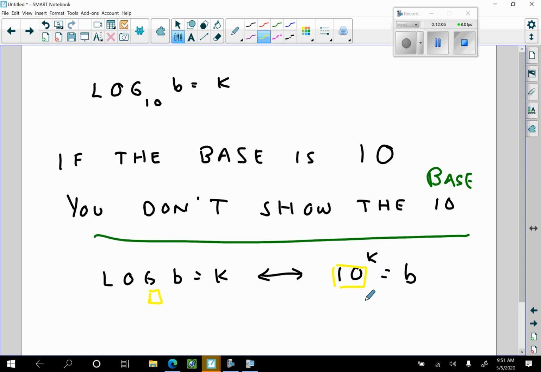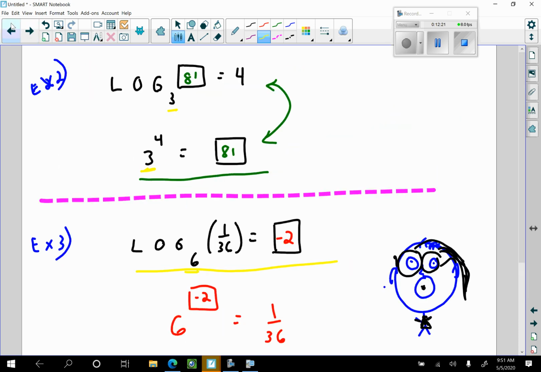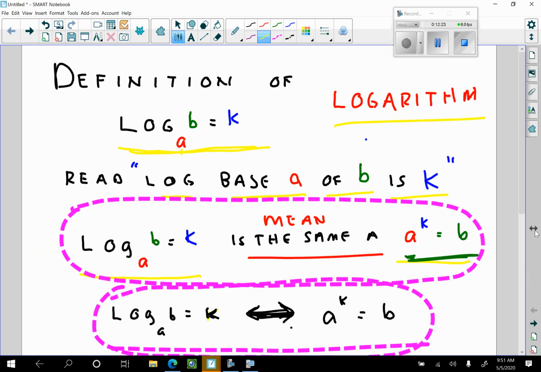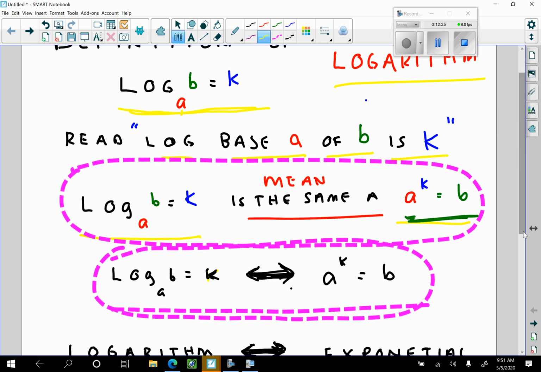And down the road, next week, we will show how you can use base 10 to evaluate any logarithm. But it is extremely, extremely important that you learn and know well this definition. You need to know this definition.